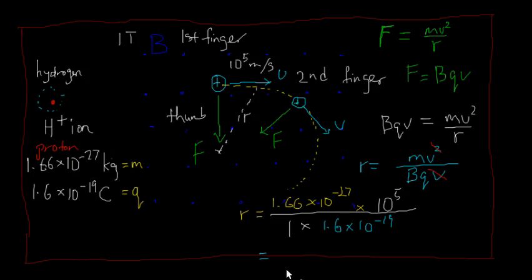We can calculate using a calculator, but just for this example, I just need a rough answer to show my points. So I'm just going to say that 1.66 is quite close to 1.6. If I cancel them, I would get an approximate answer.